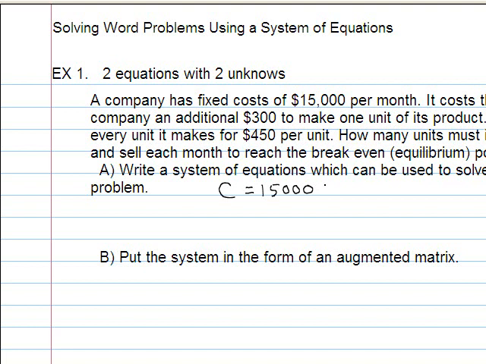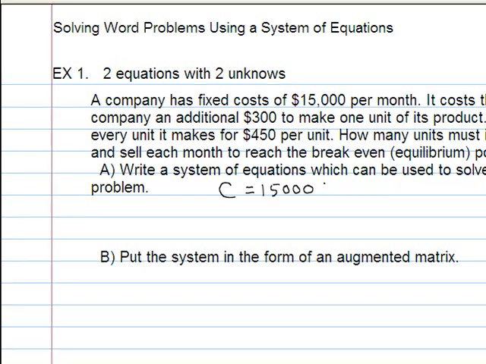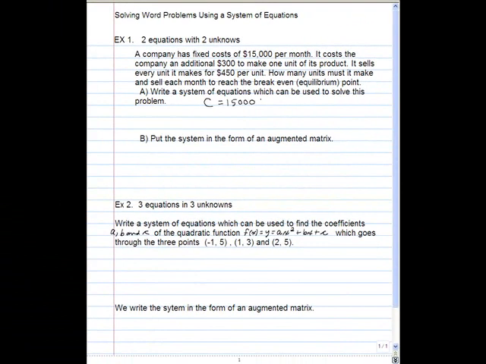And there are other fixed costs like salaries of office workers and things like that that don't directly relate to how many units you make. But then you also have what are called the variable costs, and the variable costs come from the number of units you make. And I was a little bit remiss here. The very first thing you want to do in a situation like that is clearly define your variable. And to do that, you normally go to what the question asks. And up here in the third line, it says, how many units must it make and sell each month?